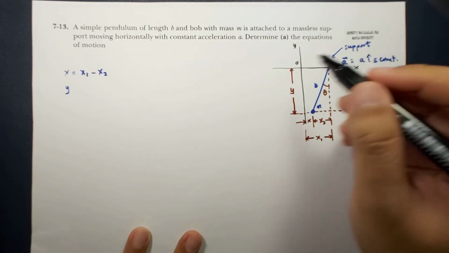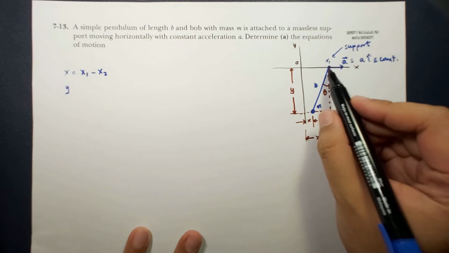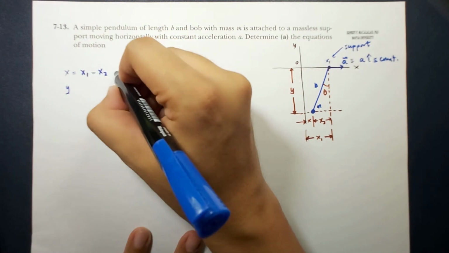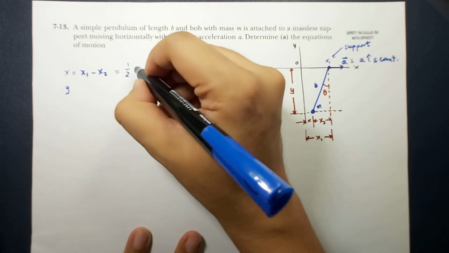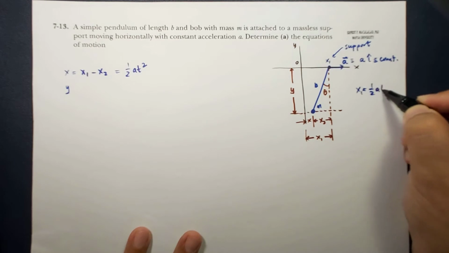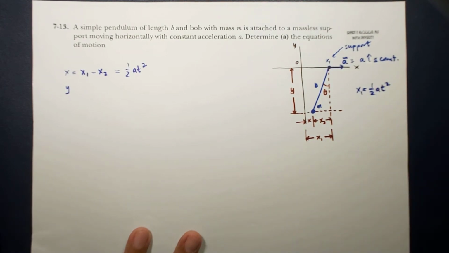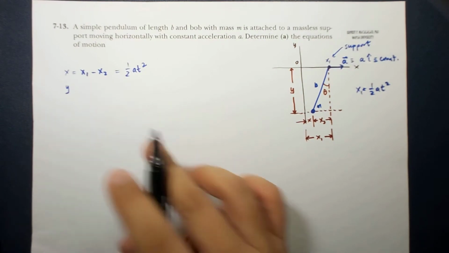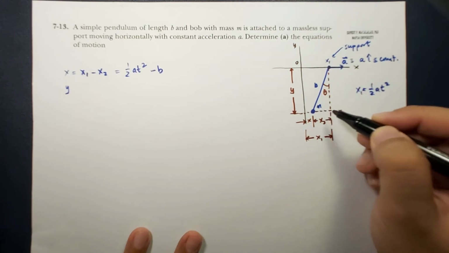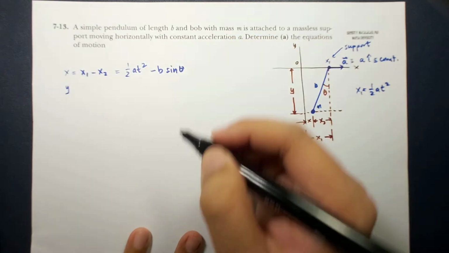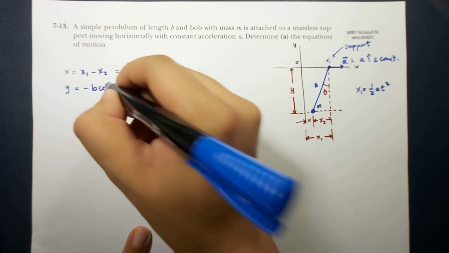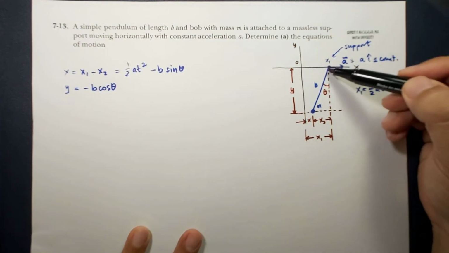Let's say it moves from the origin from rest, so x1 equals 1/2 a t squared, from uniformly accelerated motion. x2 on the other hand will be minus b sine theta, and y will be negative b cosine theta.